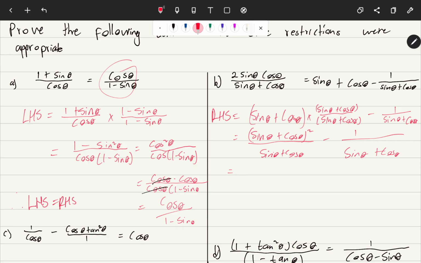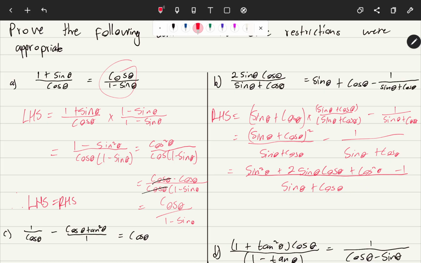Right. So now let me try to expand this. If I expand it, then I'll have sin²θ plus 2 sin θ cos θ plus cos²θ. Then I have minus 1, which is coming from here. And then I have everything over sin θ plus cos θ.